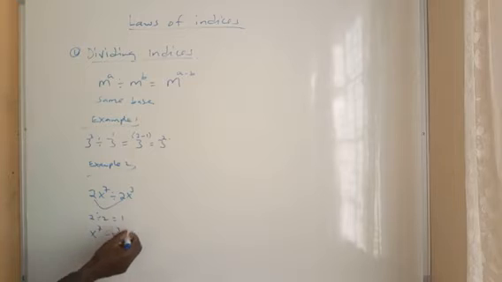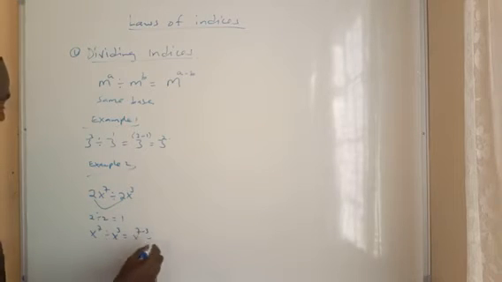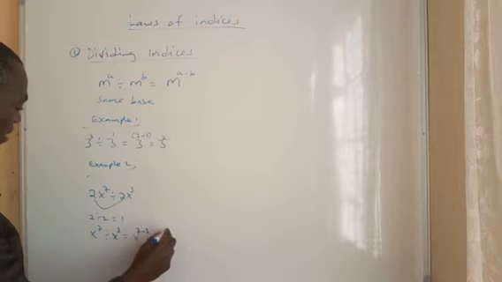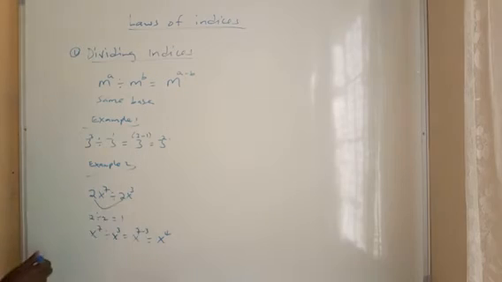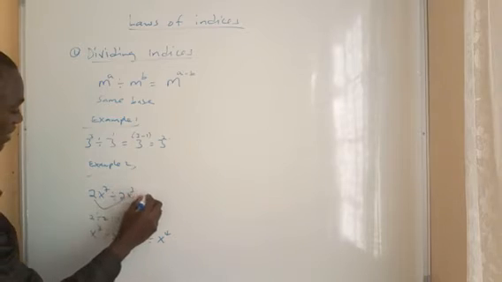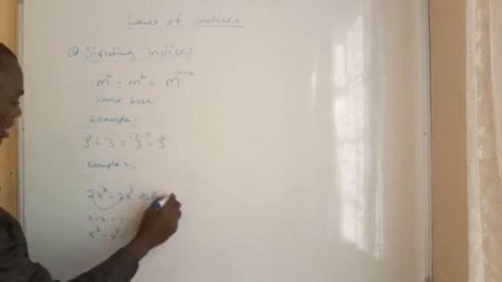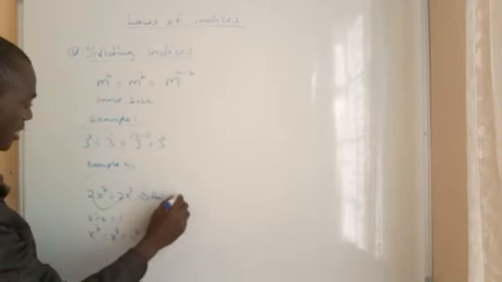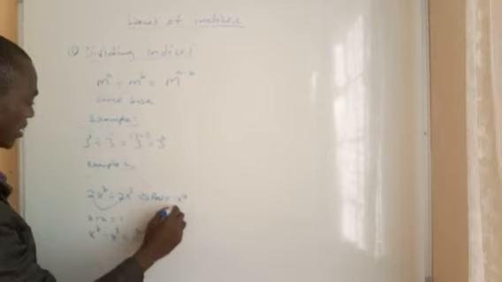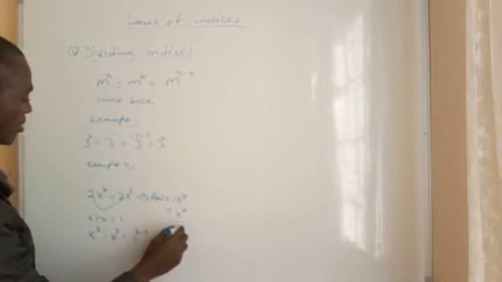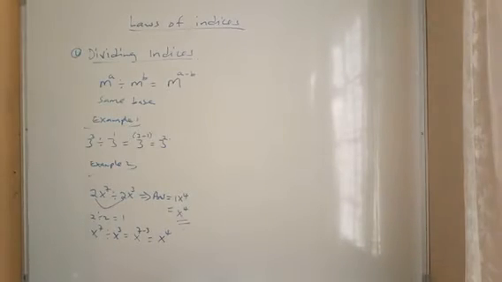Why are we subtracting? Because the law of division says if the bases are the same, then you subtract the powers. So the answer here is x to the power 4. Finally, the answer will be 1 times x to the power 4, which is the same as x to the power 4.